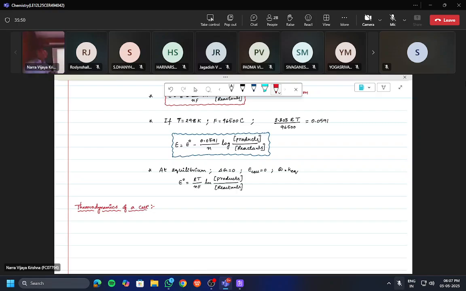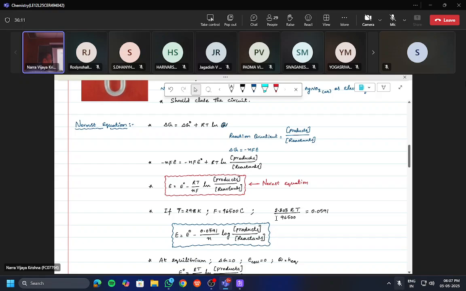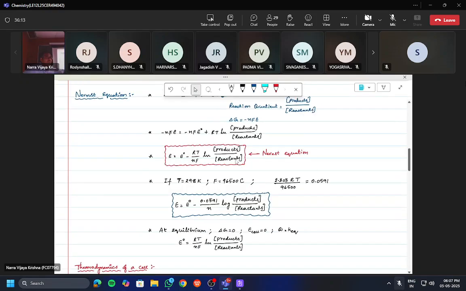Now see this. The electrochemistry chapter can be connected to ionic equilibrium, solubility product or not, Ksp. Chemical equilibrium or not, thermodynamics or not, gaseous state or not, because here if it is gas we can substitute the pressure of hydrogen.